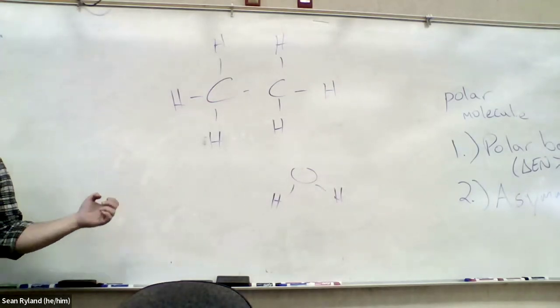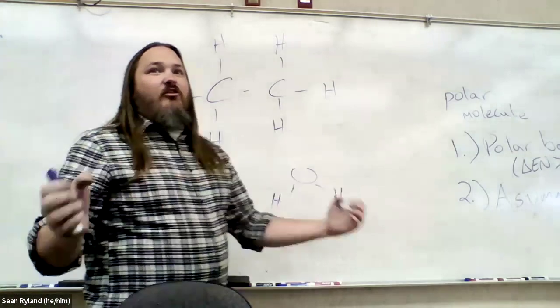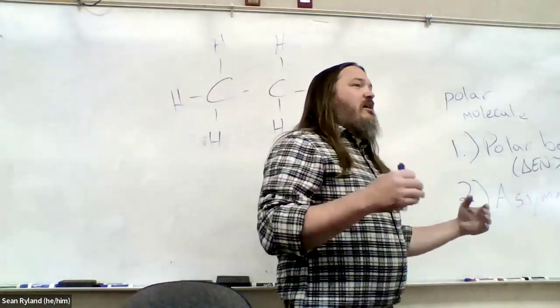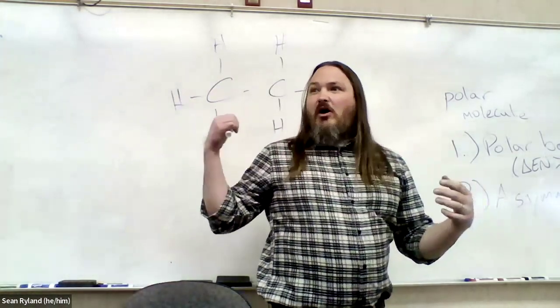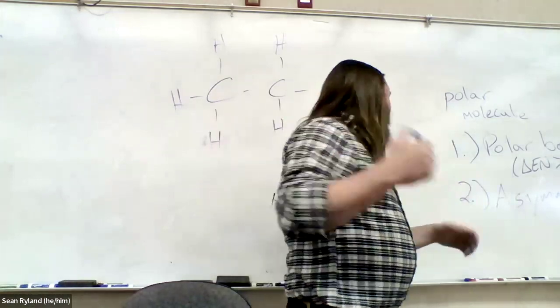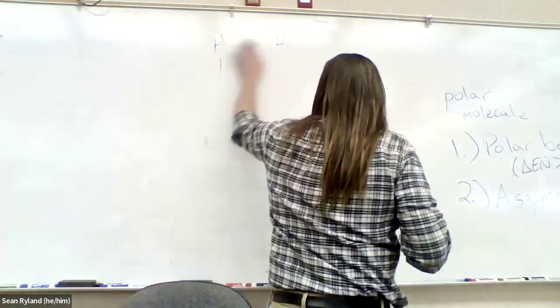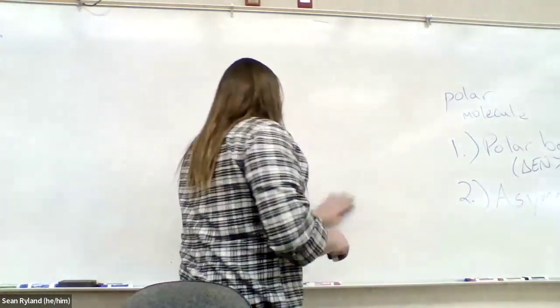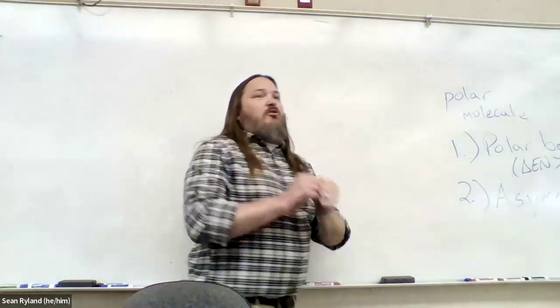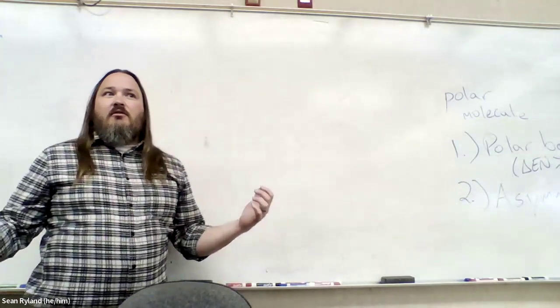In order for something to dissolve in water, you have to be able to make similar bonds. And when the ionic forces get too big, the water molecules are not able to hold the ions apart.